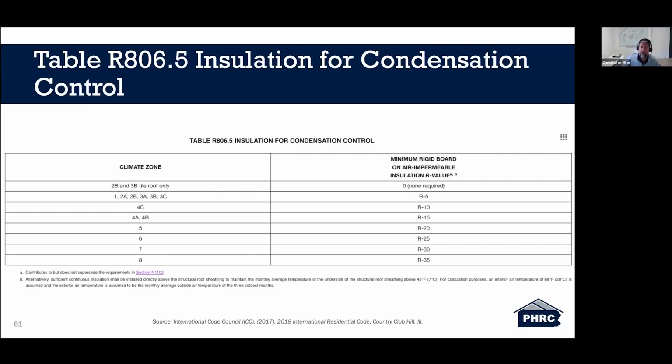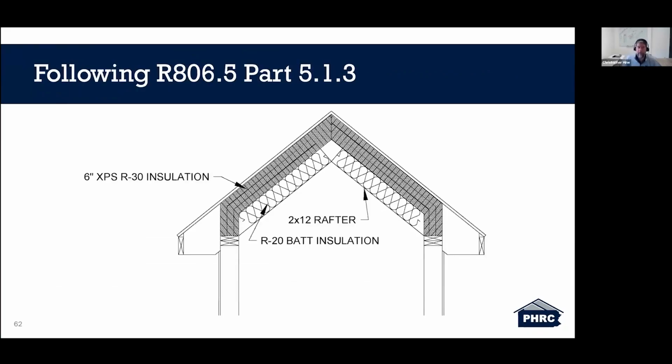So we can't just say, okay, I met the requirement of the R value in 806.5, I can stop, right? We can't stop there. We have to still meet the requirements listed out in section N1102, which is our insulation and fenestration table. So again, to jump back to my example here, this is the combination air impermeable, air permeable.